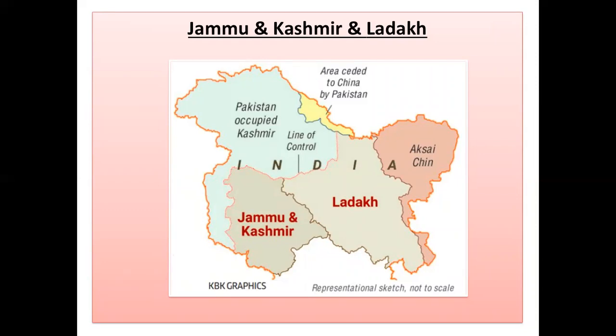These are now declared as Union Territories of India. Before, it was under one, that was the state of Kashmir. On 31st of October 2019, Jammu and Kashmir and Ladakh were declared as Union Territories.